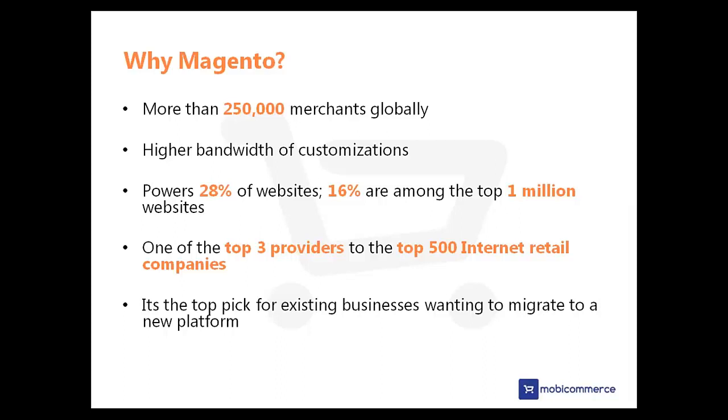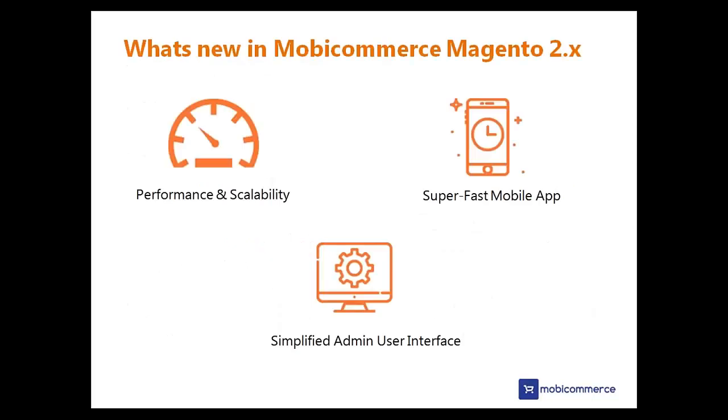And according to the e-commerce platform migration statistics, Magento is the top pick for existing businesses that want to migrate to a new platform. After knowing these important facts, it's crystal clear why merchants should choose Magento and why Magento is a globally proven platform.